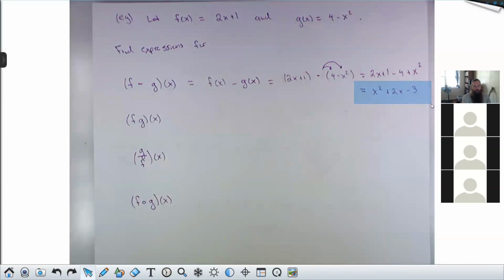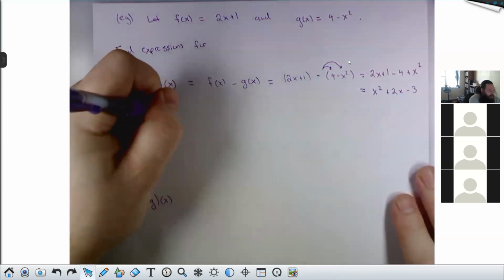Questions on how we arrive at this? It's nothing too hard. Just make sure when you get started that you write the expressions that you're replacing f and g by in parentheses to make sure that you do whatever distribution is necessary.